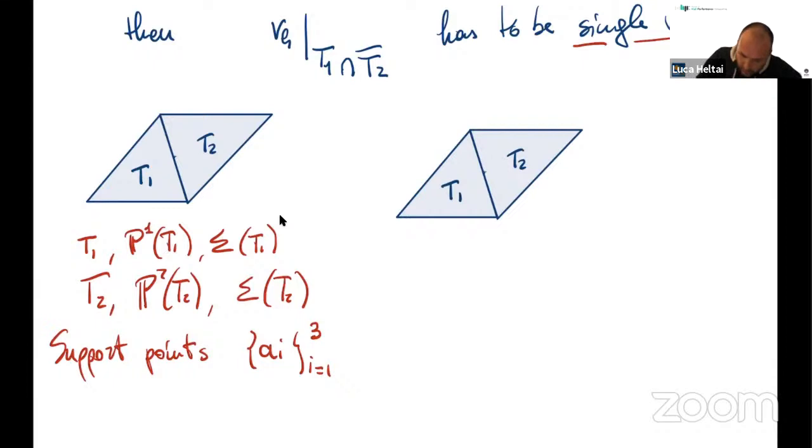We have A1I here, and we also have A2I for I that goes from 1 to 3.